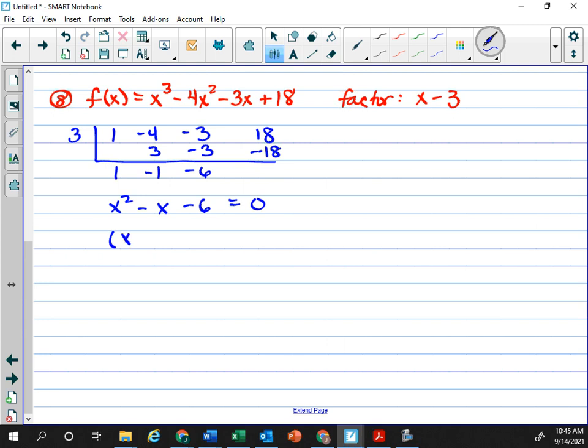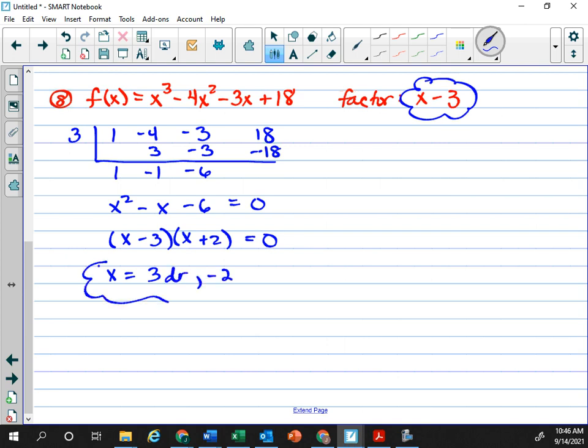This factors into x minus 3 times x plus 2. So I get 3. Don't forget your 3 from up here, so you can write double root or list it twice. And then negative 2. Are we good? Okay. All right, let's do one that's a little trickier.